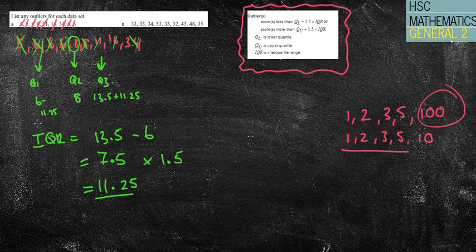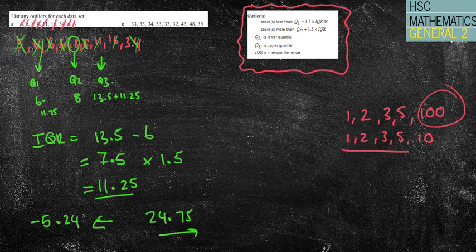So if I do the first one, 6 take away 11.25, which to be honest, I probably don't really need to do so much because you can see there are going to be no negative scores, but I'm going to put it on there. And if I added on 11.25 to the 13.5, we're going to come up with 24.75.